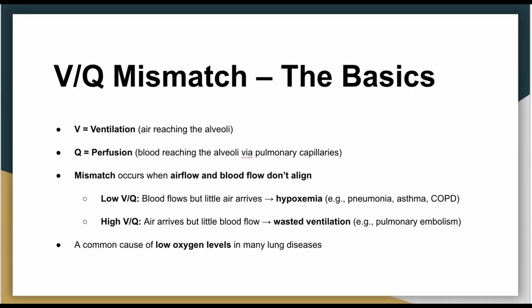So, why does PE cause such profound refractory hypoxia? So we talked about how this causes VQ mismatching, right? And maybe paramedics don't remember VQ mismatch. So your VQ ratio is your ventilation over your perfusion. COPD causes a decreased VQ ratio because your ventilation is going to be affected, but your perfusion in theory is not.